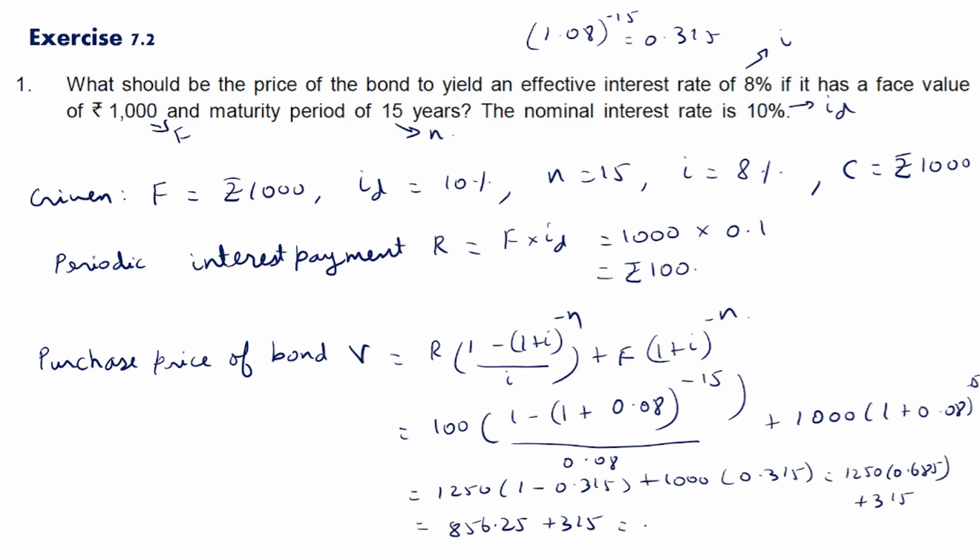Now this is equal to 1171.25. Therefore, the purchase price of the bond V is equal to rupees 1171.25.